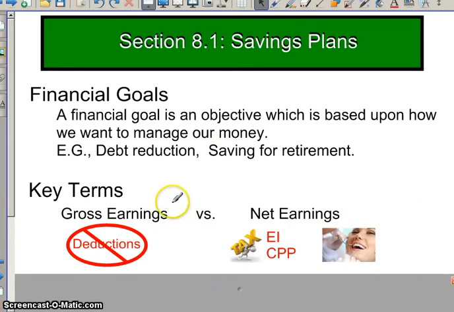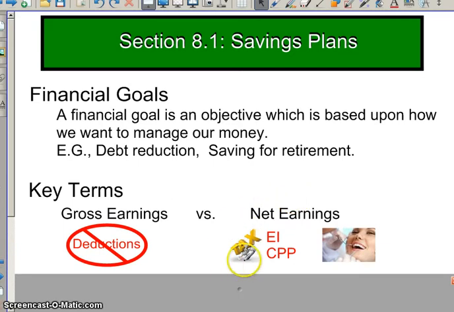So you need to have an understanding of gross earnings versus net earnings. Gross earnings is just all the money that you bring in from your employment that doesn't have any deductions attached to it. But what you're actually bringing home is what's called net earnings. So net earnings, we just take our gross earnings and we subtract away all the deductions.